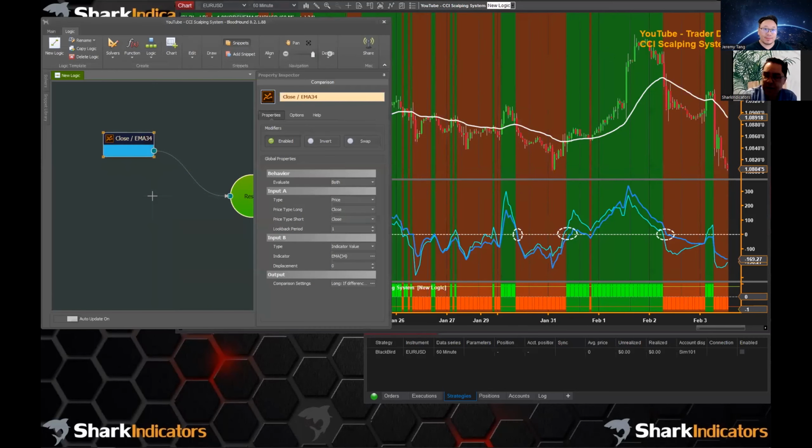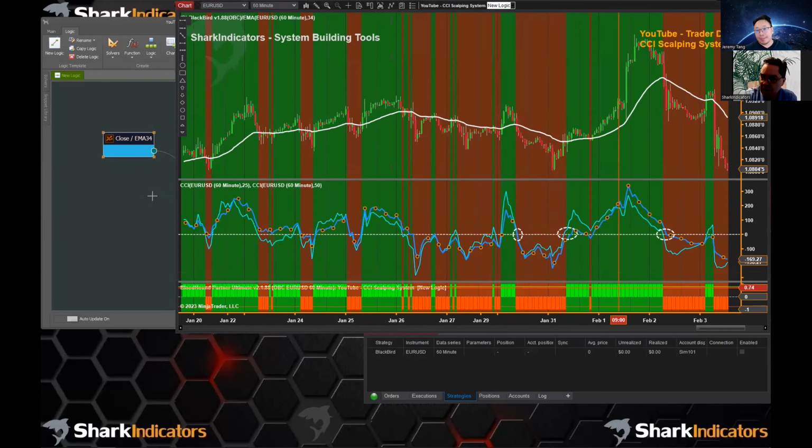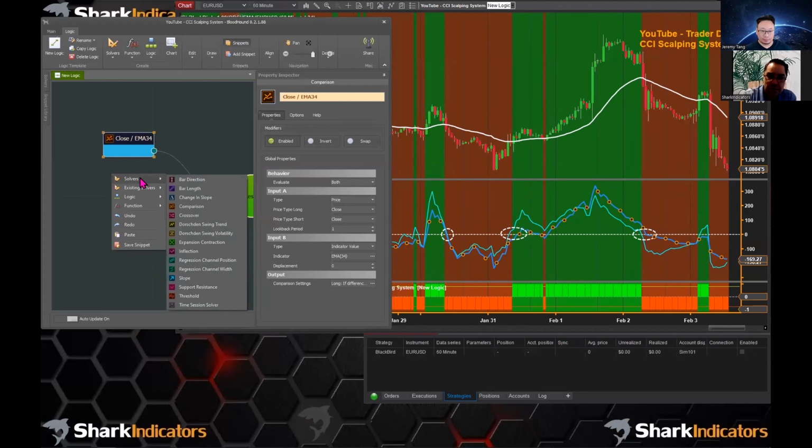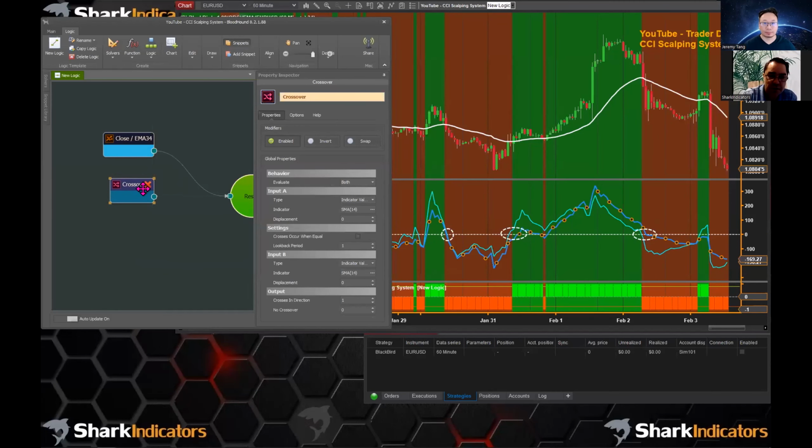So now we need to look for the CCI crossovers. I've got a couple of them marked on the chart here. We're looking for that CCI to cross the zero line, so we're looking for a crossover. As you might expect, we need a crossover solver to look for that kind of condition.